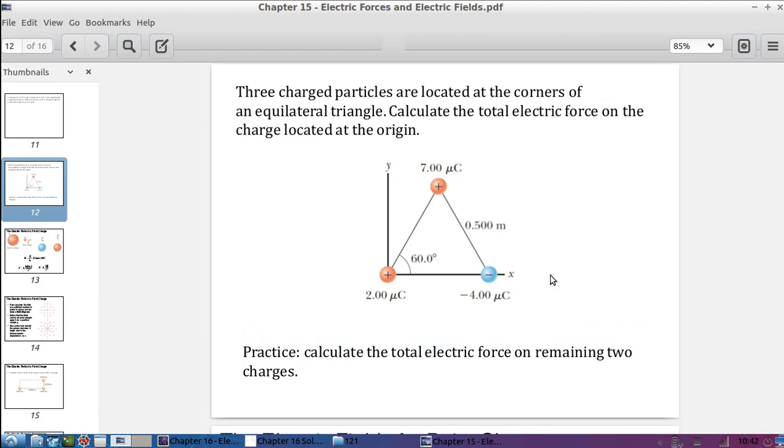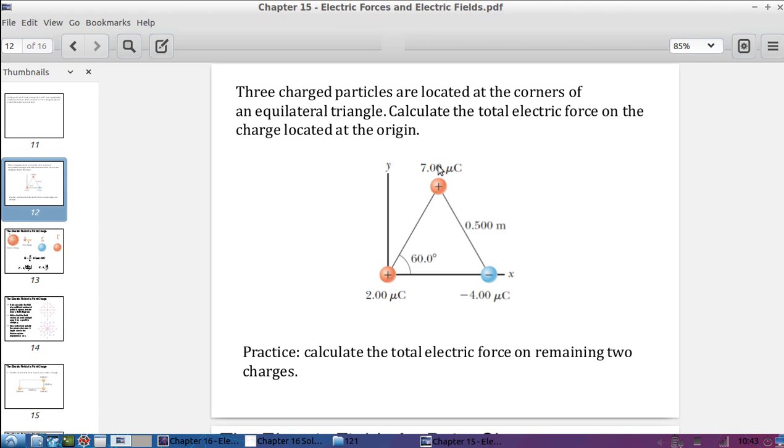This triangle is really nice. In WebAssign, you'll have some charge configurations and stuff. So pick a point, right? Maybe take that 2 microcoulomb charge out of the configuration and calculate the potential at that location due to these 2 charges. Calculate the potential at that location, and then bring that 2 microcoulomb charge back and calculate the potential energy of the system.